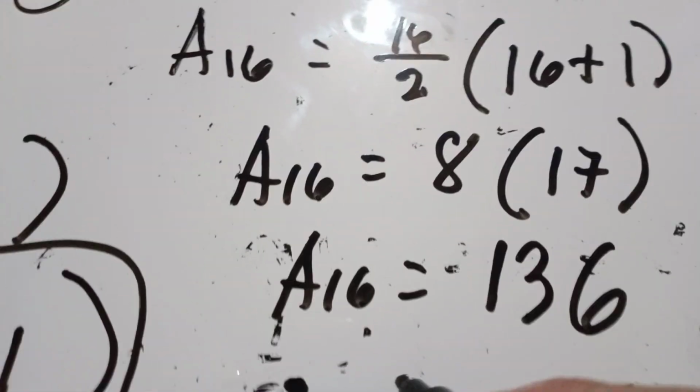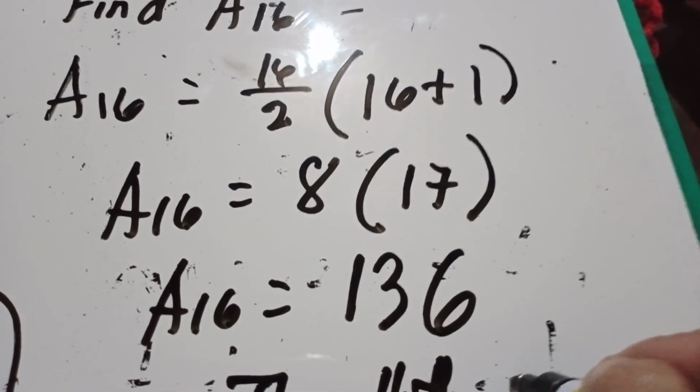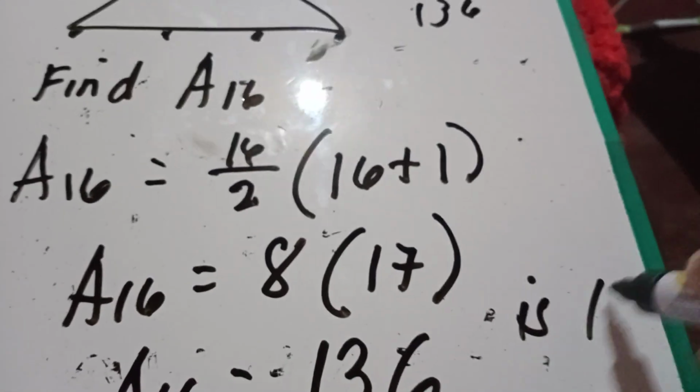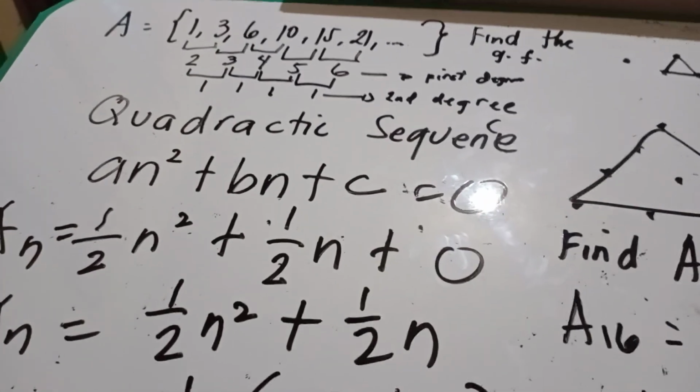Therefore, the 16th element is 136. That is a triangular number, a quadratic sequence. Okay.